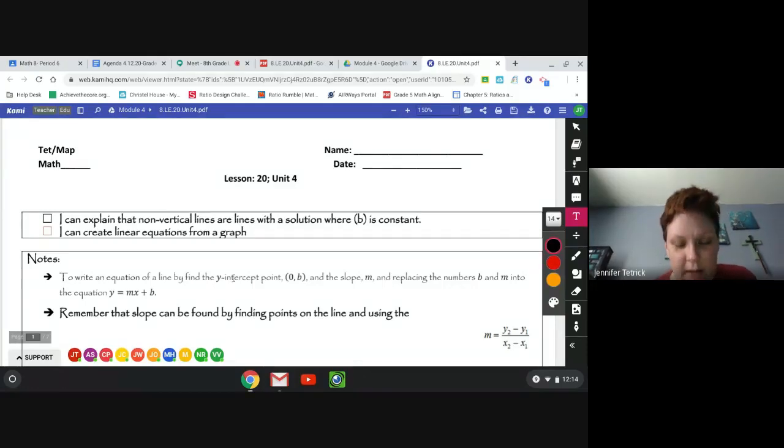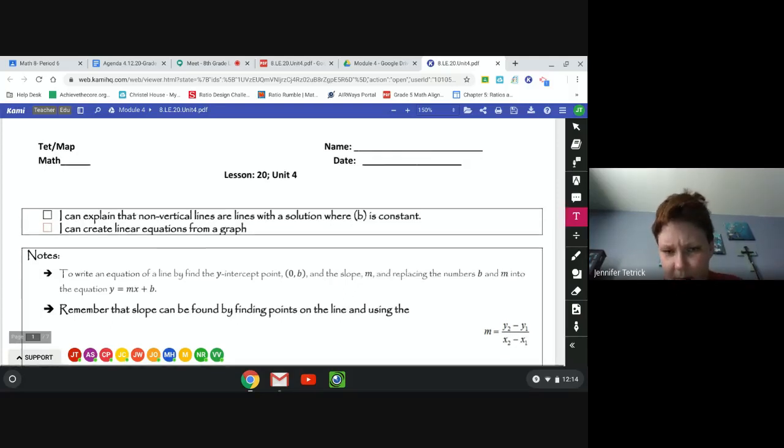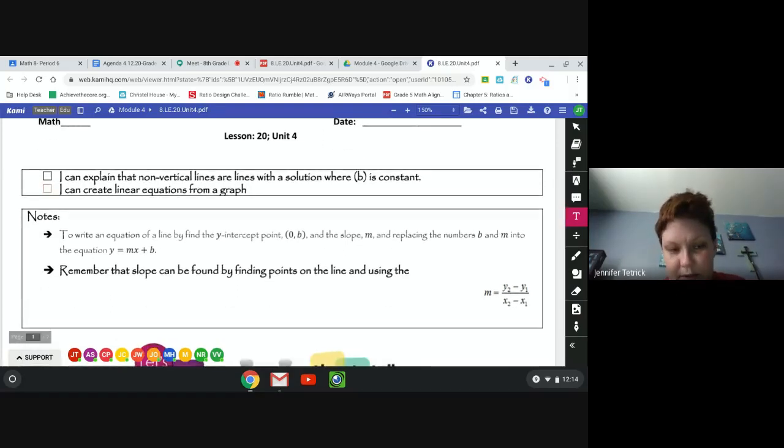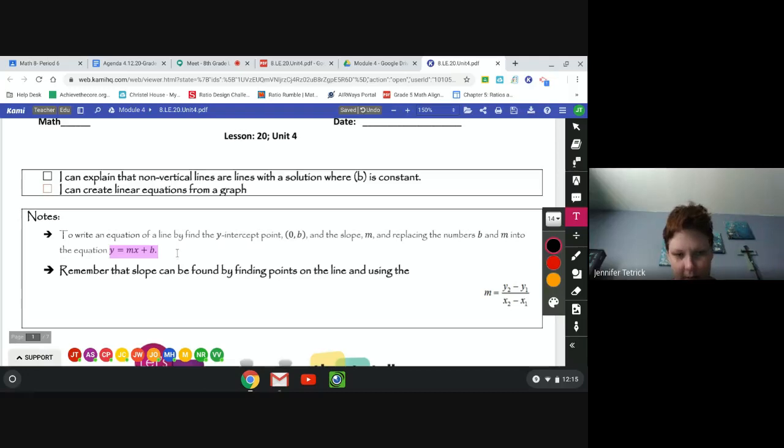Thank you. Okay, so we have these notes, and sometimes they look like mumbo jumbo, but by this point, we understand several things. The first thing is that we have to write an equation of a line. When we're talking about equations of a line, we're talking about y equals mx plus b, because we're making a line.